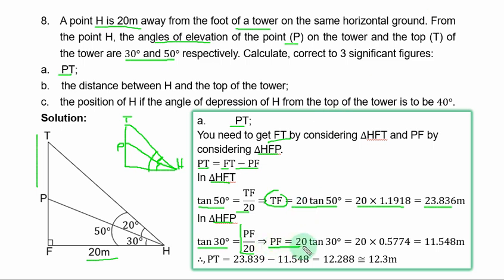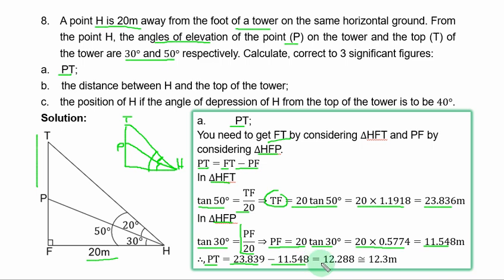PF becomes 20 times tan 30 degrees, that is this, and you have 11.548 meters. Therefore, PT is equal to TF or FT, that is 23.839 minus PF, that is 11.548.